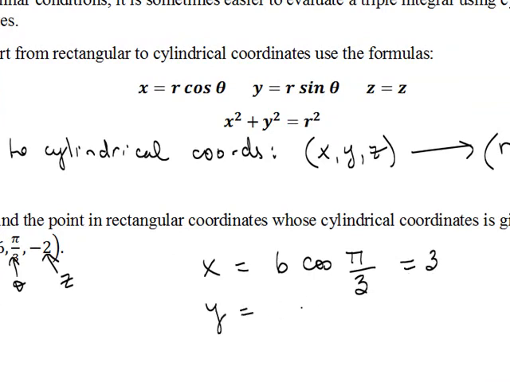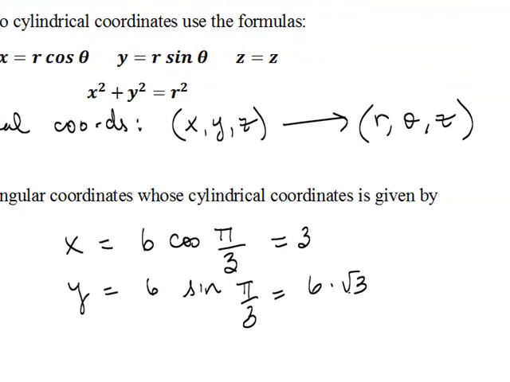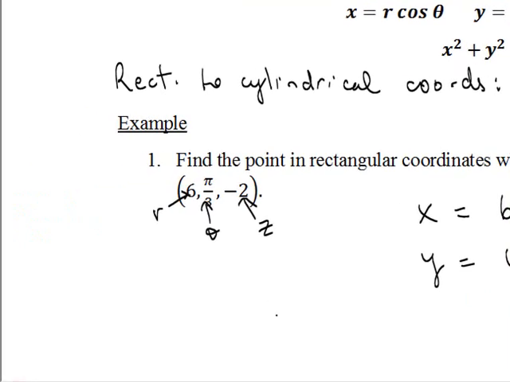And y is 6 sine pi over 3, which is 6 times root 3 over 2, which is equal to 3 square root 3. And so your rectangular coordinates for this point would be the x, the y, and the z, which remains as -2.